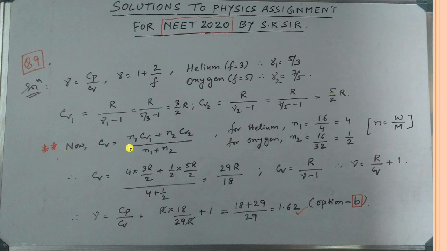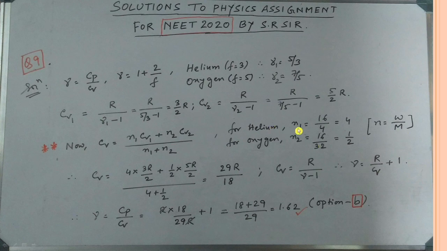So Cv of the mixture, from this Cv1 and Cv2, we can get as N1 Cv1 plus N2 Cv2 by N1 plus N2, where these N are basically the mole fractions. So N is basically the given mass by the molecular weight.